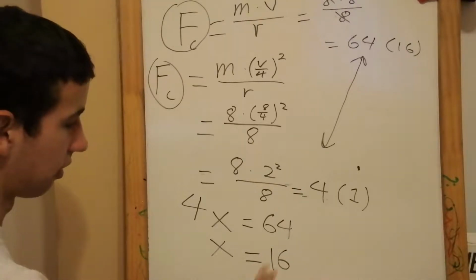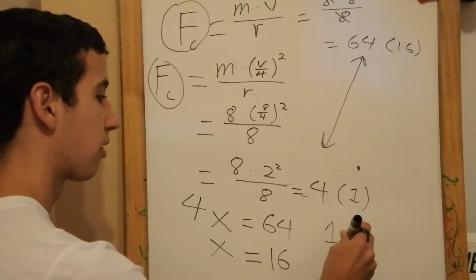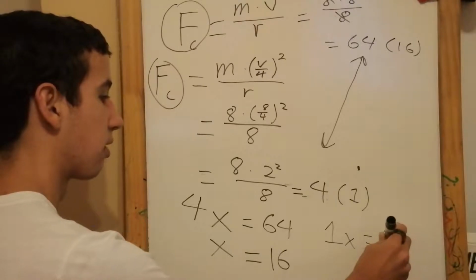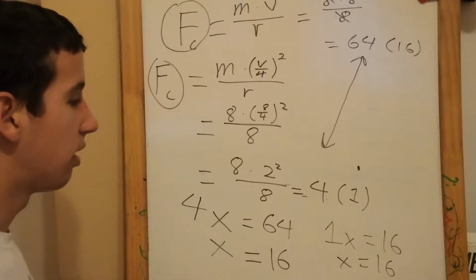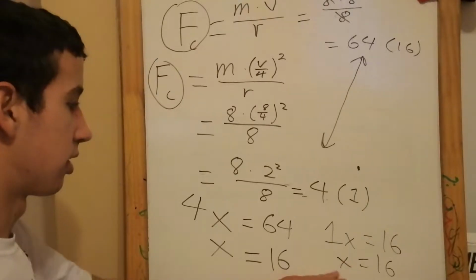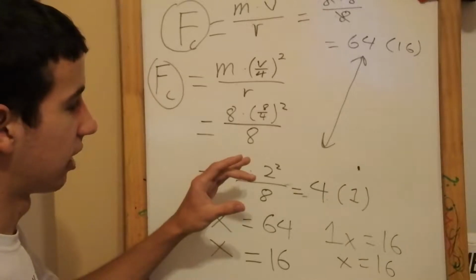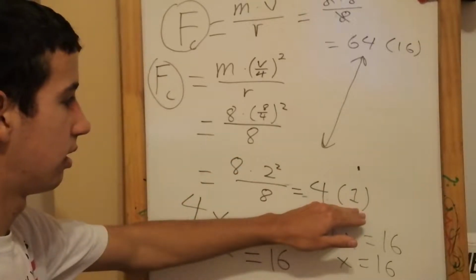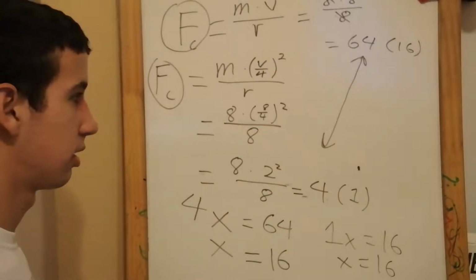Now, if we were to do the same thing with 1 times x equals 16, divide both sides by 1, we still get 16. So we see here that there's a connection. X equals 16. What is x? X is how many times you multiplied the answer down here, which was changing.